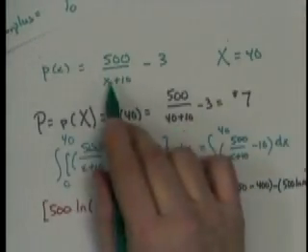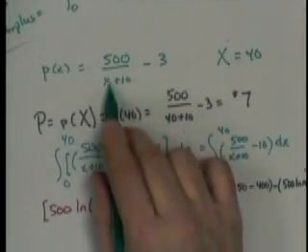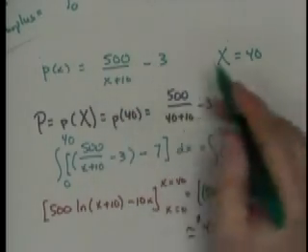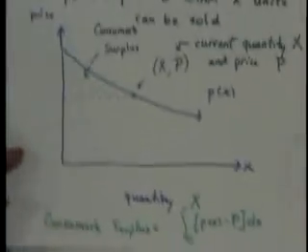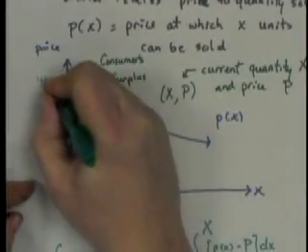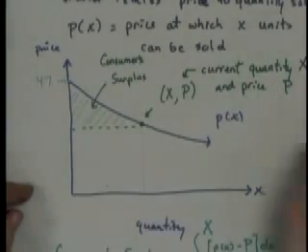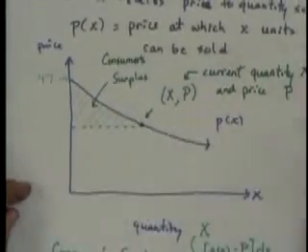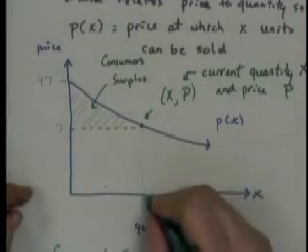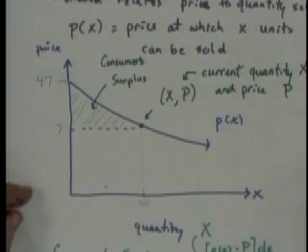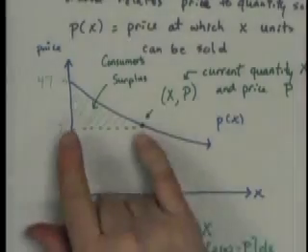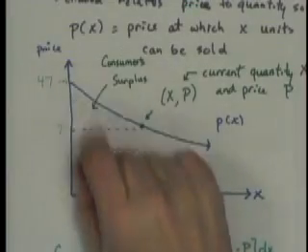If P of 0 here is 500 over 10, which is 50, minus 3, so P of 0 is 47. And this price was only 7, so my scale's off. X was 40. So this height of my rectangle is 40.